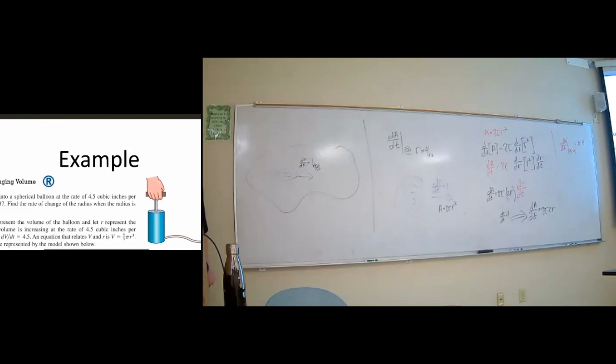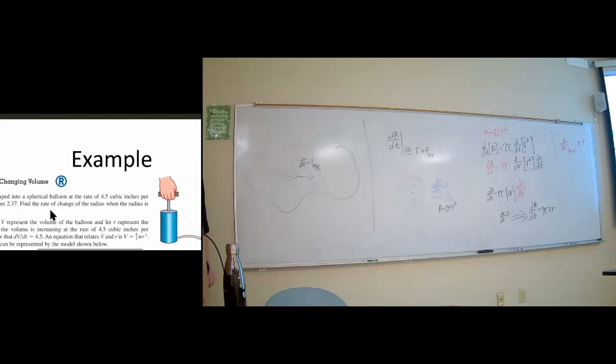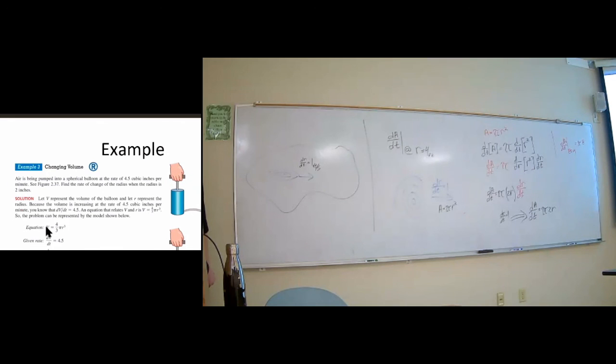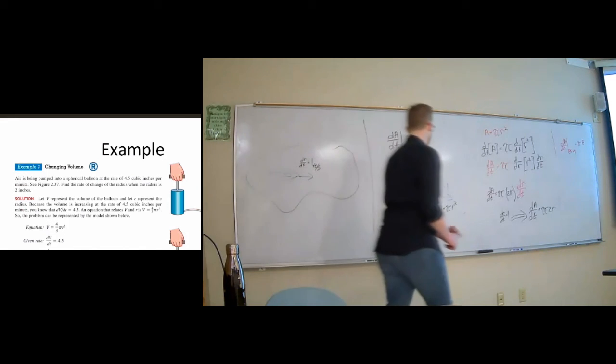We want to know what the rate of change of the radius is when the radius is equal to 2. And we're told that we're pumping this up at a rate of 4.5 cubic inches per minute. So that is dV dt.